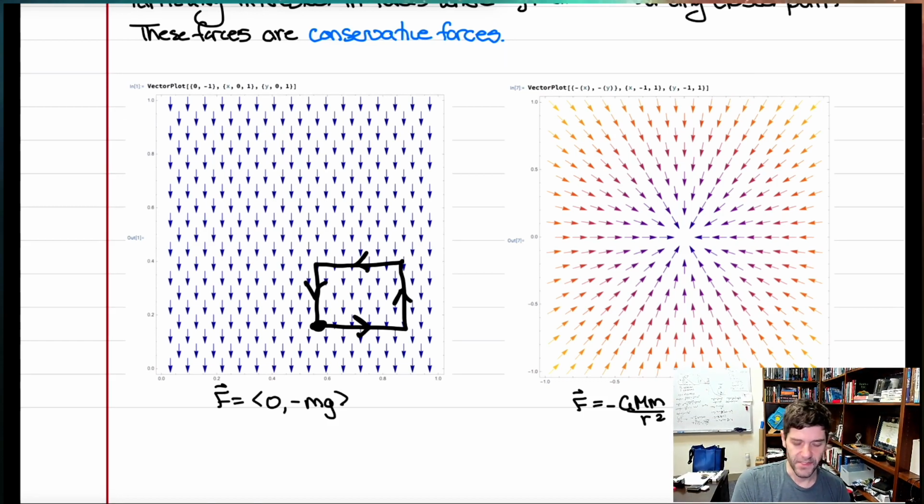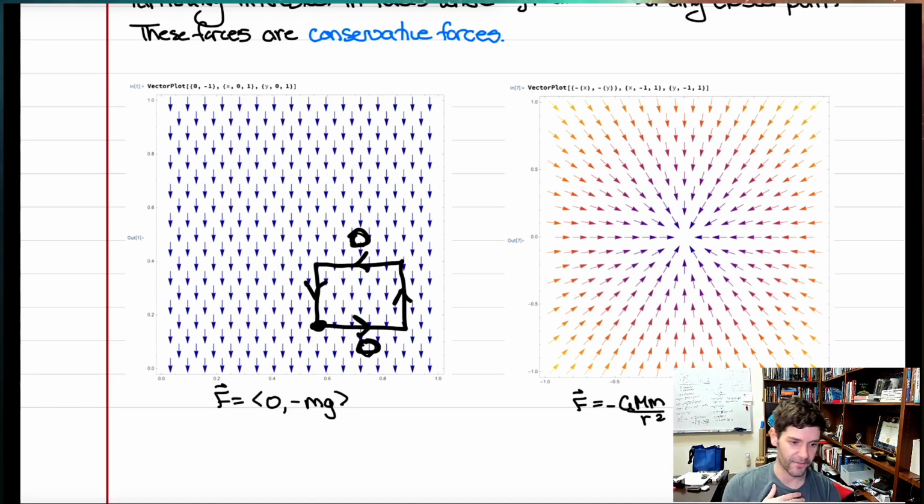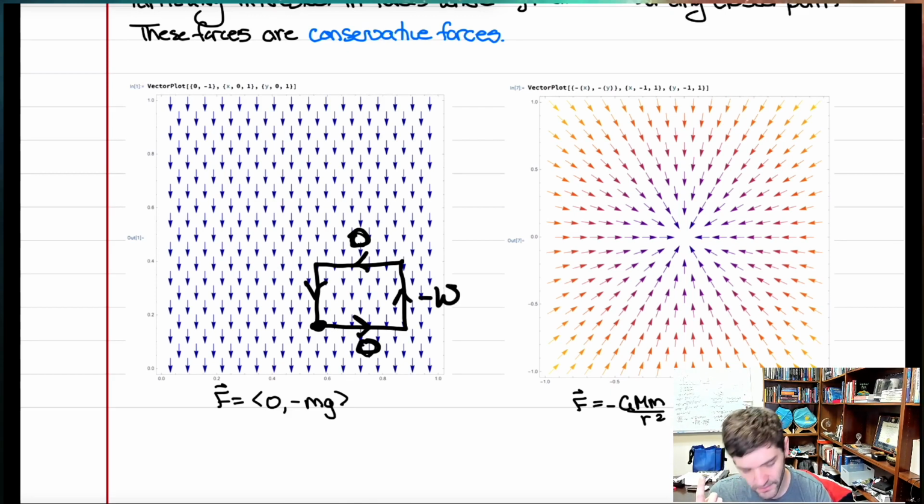By the symmetry of the situation, you might be able to convince yourself that there's going to be no net work done. In the cases where it's horizontal, we expect there to be 0 work being done, because again, the force vector and your path are perpendicular. When you're going up, you're anti-parallel to the force, so I expect there to be negative work being done there, some sort of negative W.